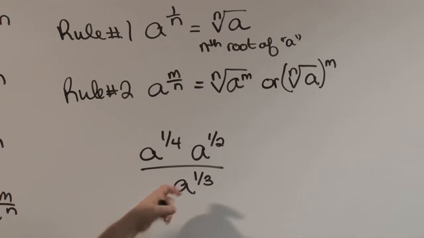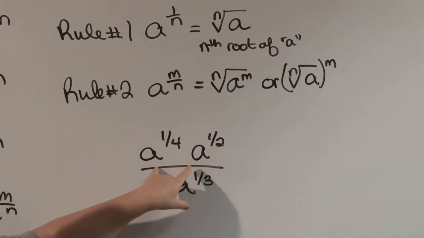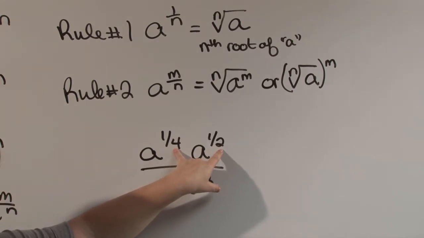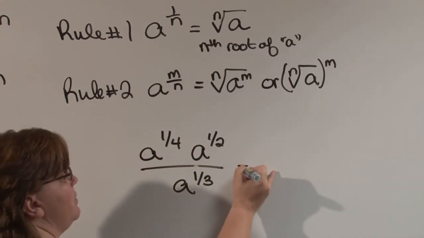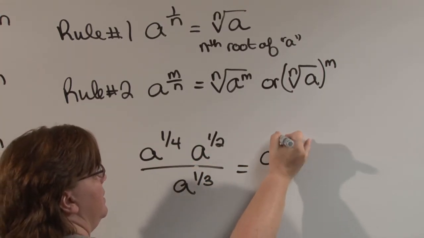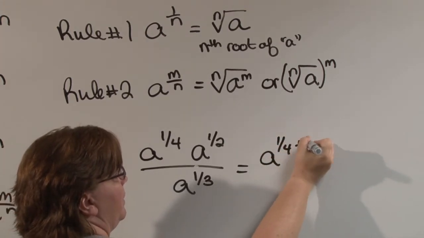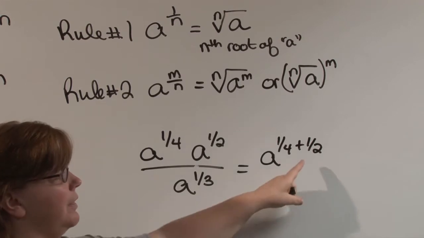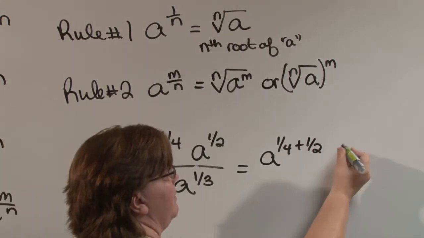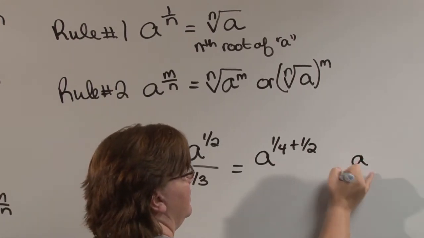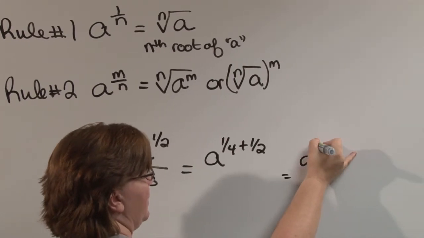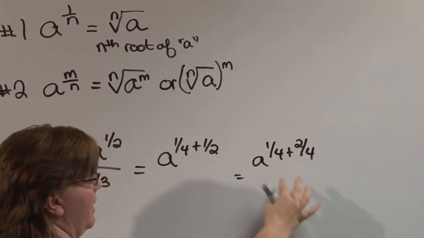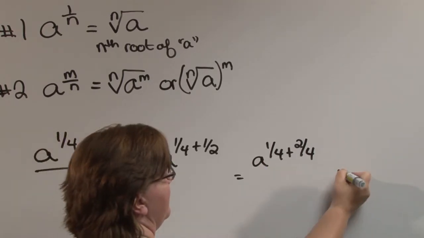So let's do that. We have the same base and 2 different exponents, so we need to add them together. I'm just working with the numerator. So I have 1/4 plus 1/2. We have to remember our rules of fractions and know that they need a common denominator. So that would make this 2/4, and then we're just going to add them.